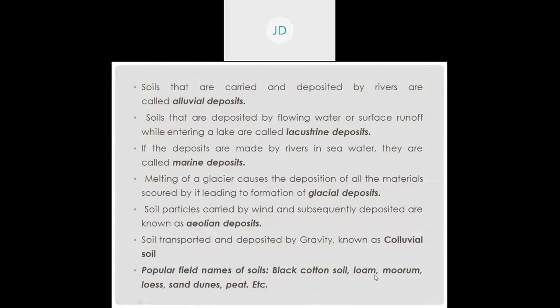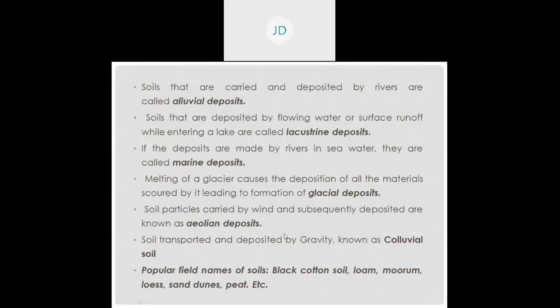Loamy soil is a mixture of sand, silt, and clay. Now, don't be confused about what is sand, what is clay, what is silt. Till now we've discussed different types of soil based on origin, or mode of transportation.